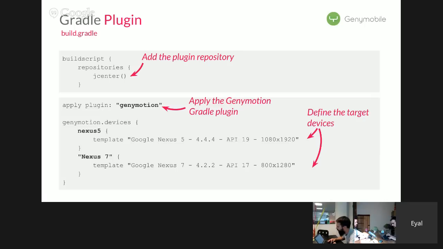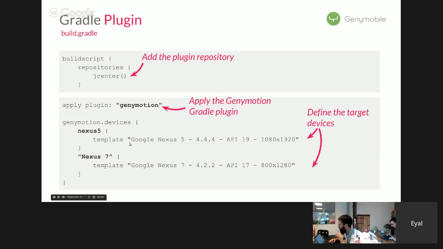So what I've done right here is I open the block genymotion.devices, and I created a device called Nexus 5, and for this named device I defined the Nexus 5 with KitKat template.